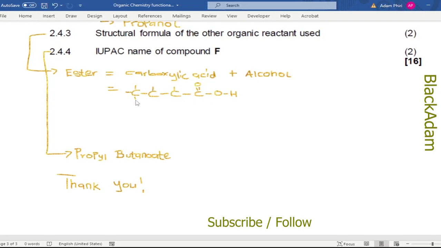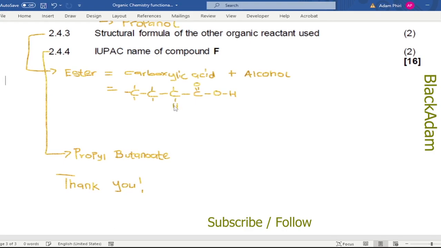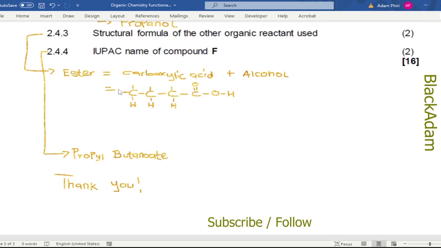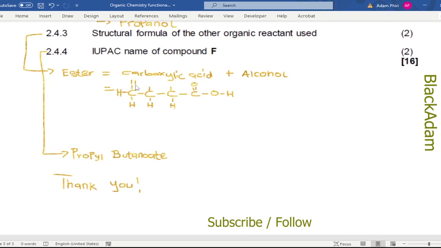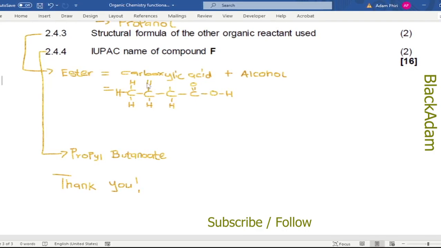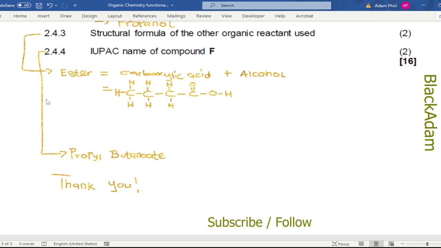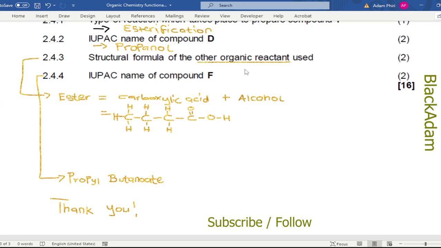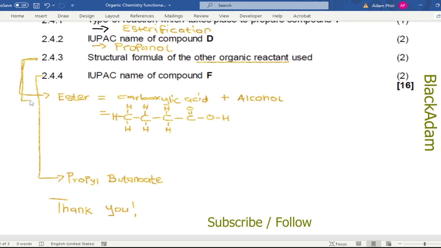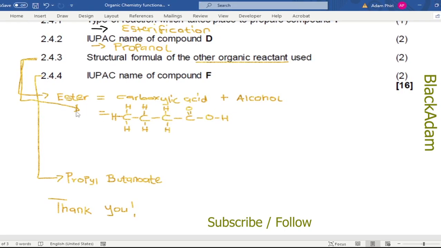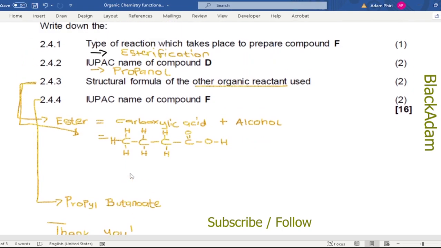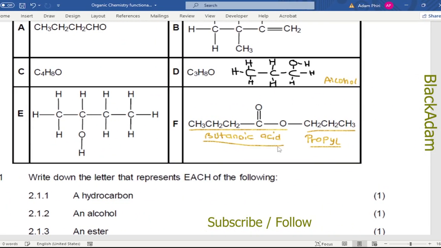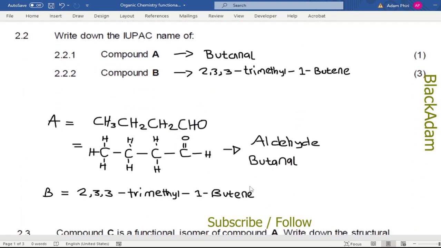Okay, so we fill up with hydrogen on the rest of the carbons to create the carboxylic acid. So that's how we draw this. So knowing how to draw the structure is very important to naming the compound, and from there that's the other reagent. So that is our answer for 2.4.3. And 2.4.5, that's propyl butanoate. So that's how we name it.